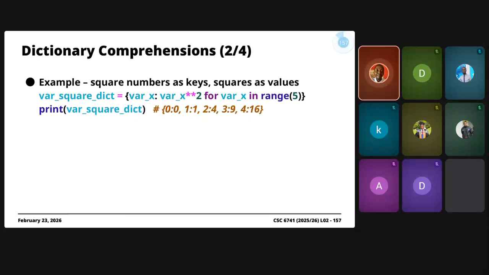An example: we want to create a dictionary given a range of numbers, in this example, 0 through to 4. We want to create a new dictionary which is going to use as keys the values that we are iterating through, and the value part is going to be the square of that number. Right? It's as simple as this. And you notice all we are doing is changing the comprehension part here.